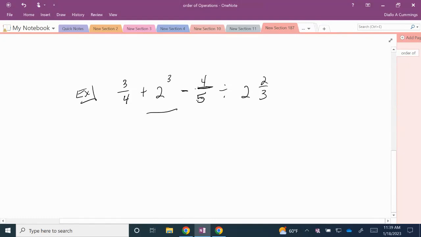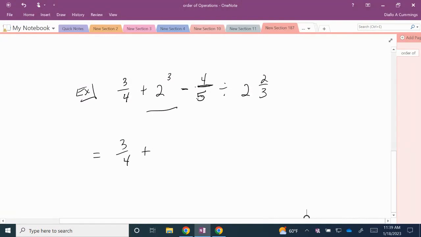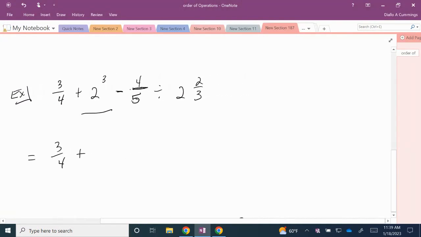I don't have any innermost parentheses, so this is equal to 3/4 plus 2 to the third power. 2 to the third power is 2 times itself 3 times, which is 8, minus 4/5 divided by 2 and 2/3.